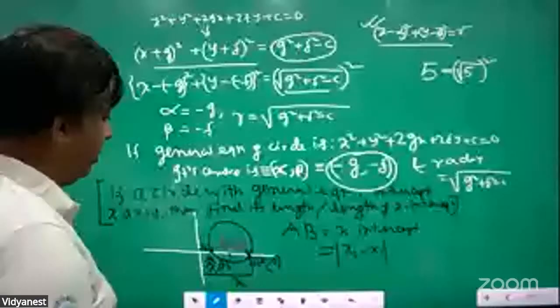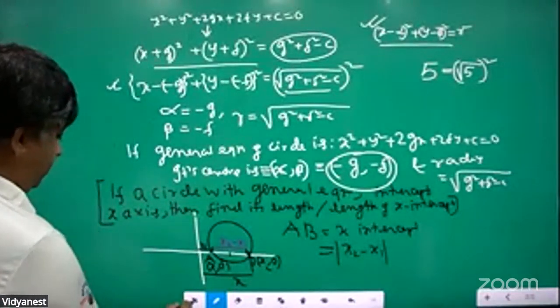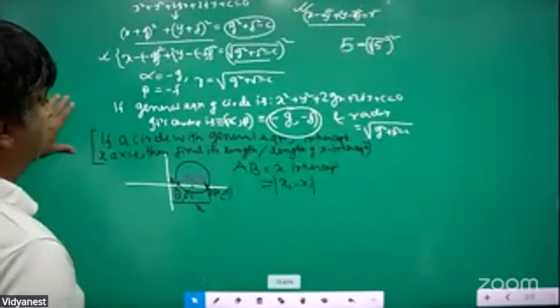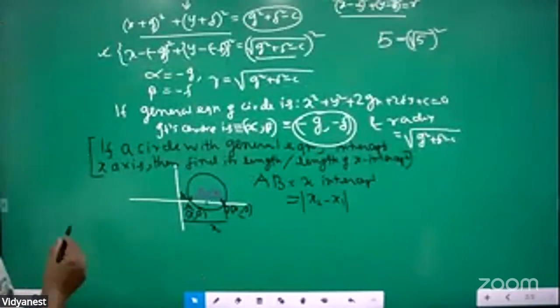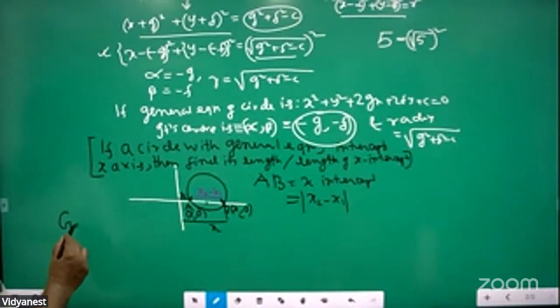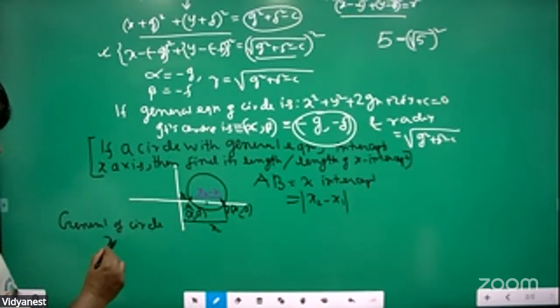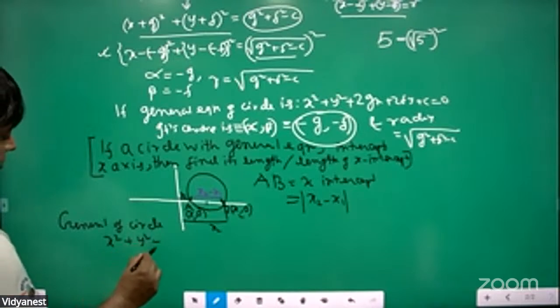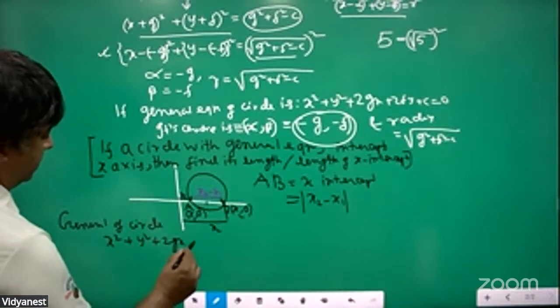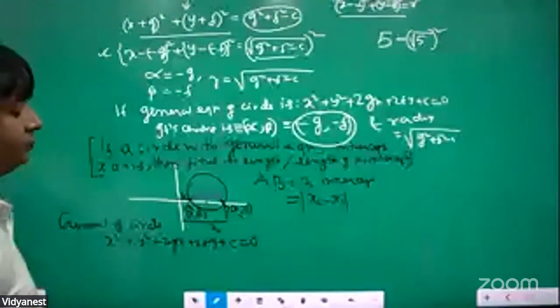Now, how to find its length with respect to the general equation? The general equation of the circle is x square plus y square plus 2gx plus 2fy plus c is equal to 0.